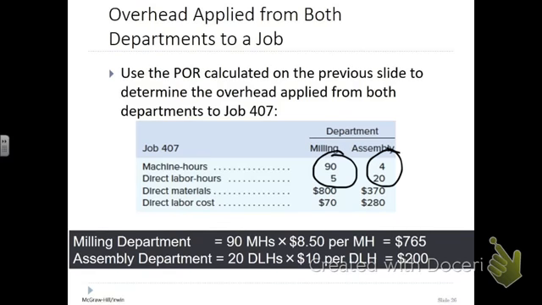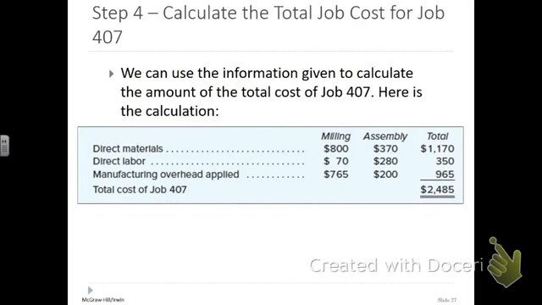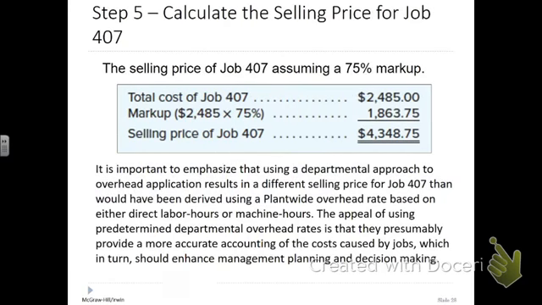For purposes of this, milling was using machine hours, so if you had direct labor hours, you kind of ignore that. And assembly had direct labor hours, not machine hours, so you ignore that. But we are going to find out in activity-based costing there are times where you may use some of those numbers in a slightly different way.